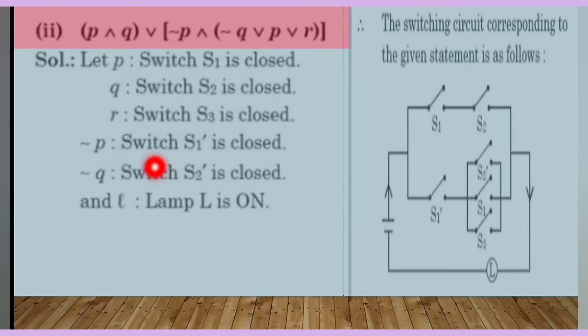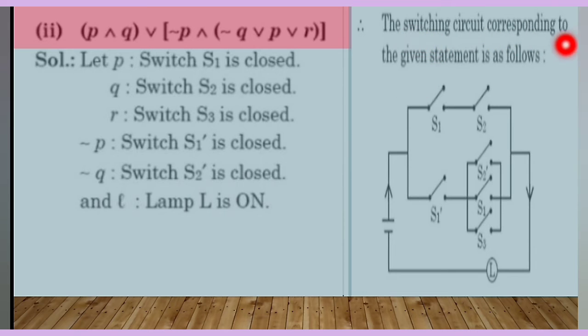Negation P means S1 dash, the opposite of S1. S1 dash is closed. And negation Q means switch S2 dash is closed. And last, write down L, lamp L is on.